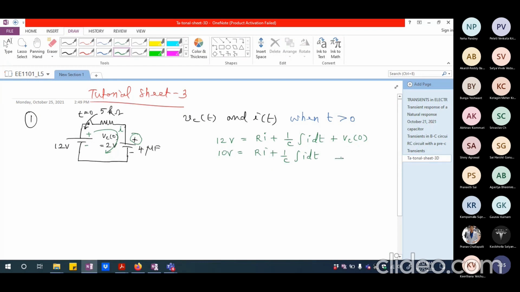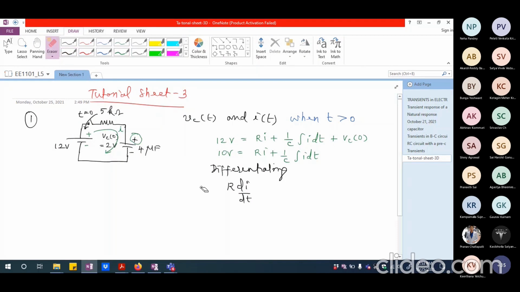So if I try to differentiate this equation, I should be able to write this as R multiplied by di by dt.